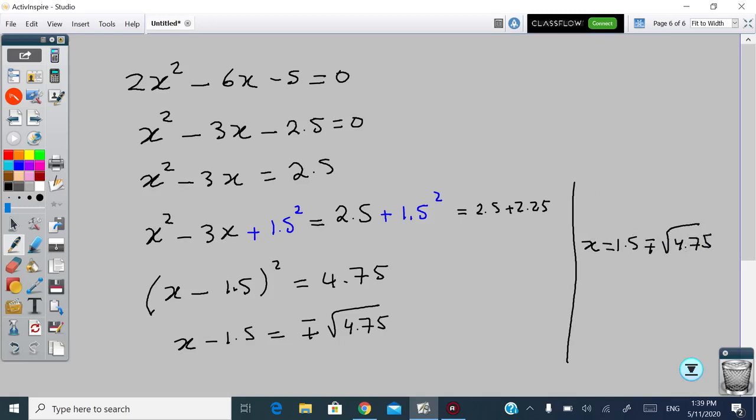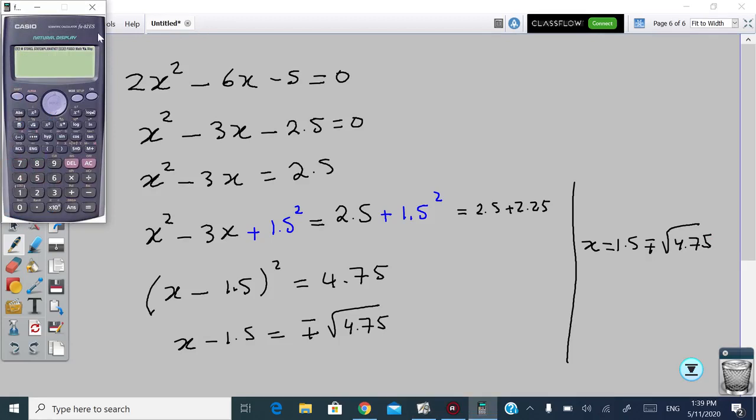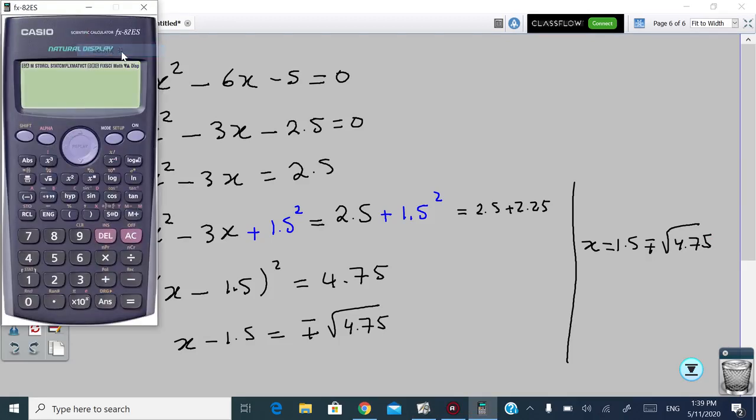Now this doesn't look very nice, so we might as well calculate it to three significant figures. We have 1.5 plus root of 4.75, which is 3.68 to three significant figures.